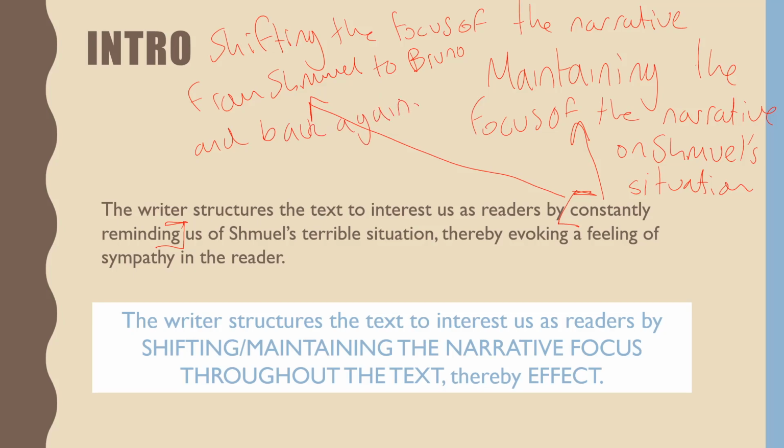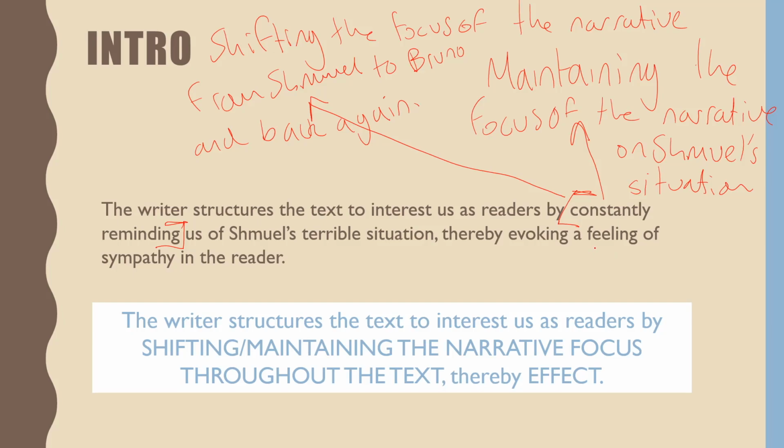So imagine if there was a paragraph on Shmuel, then a paragraph on Bruno, then a paragraph on Shmuel again. So in that case, I would say the writer structures the text to interest us as readers by shifting the focus of the narrative from Shmuel to Bruno and back again, thereby evoking a feeling of sympathy in the reader. So in summary, you just got to say, what's the focus on? Does it stay the same or change? And what's the effect that creates? All right.